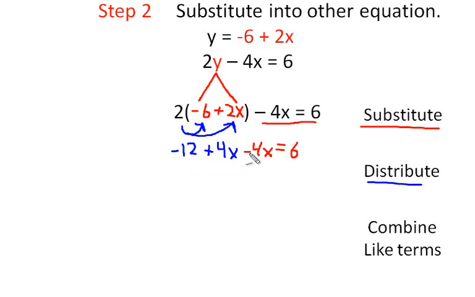Okay, now solving this, next step is to combine like terms. And right here I see I have plus 4x and minus 4x. So those terms are actually going to cancel each other out. And I'm going to get left with negative 12 equals 6.